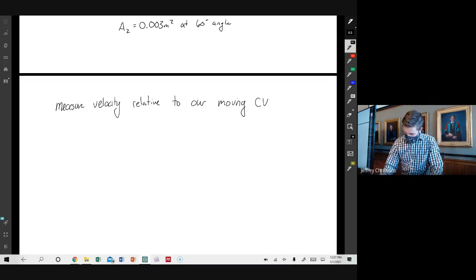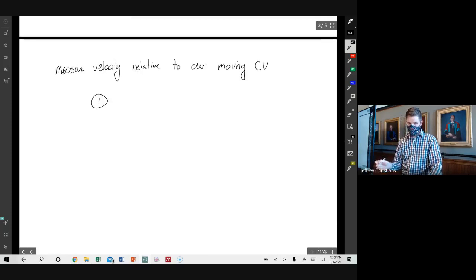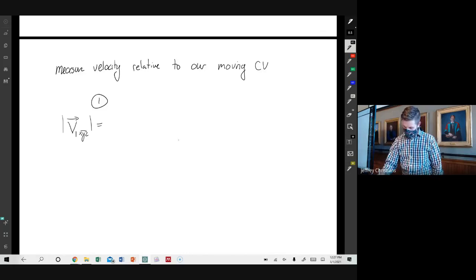Okay, so at side 1, V1, or VXYZ1, I don't know how you want to denote that, the magnitude of it is going to be the velocity of the jet minus capital U, the velocity of the cart.